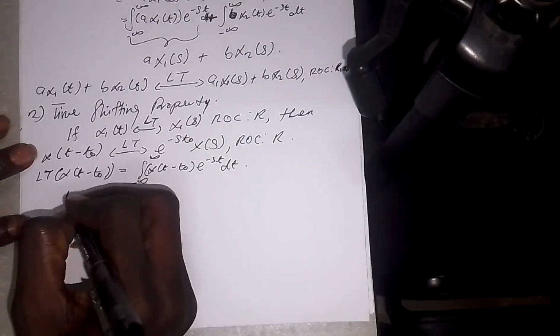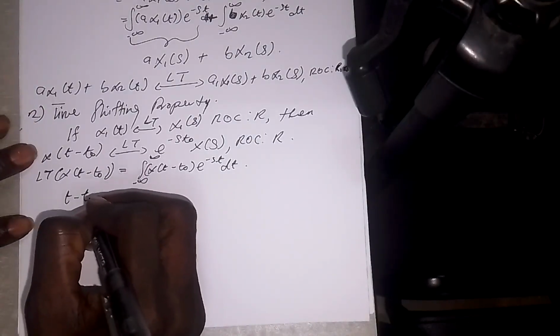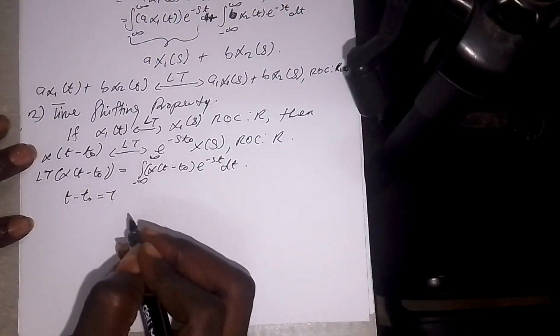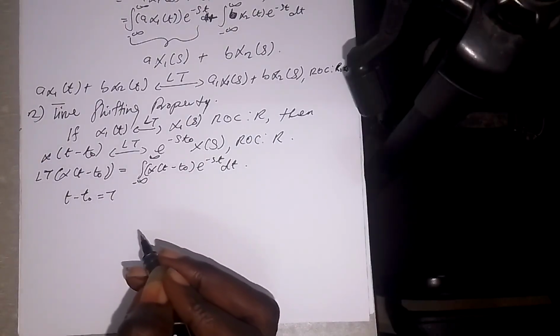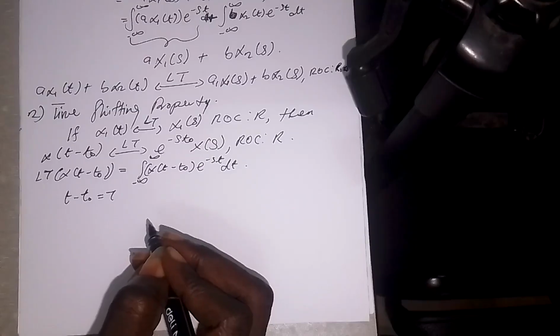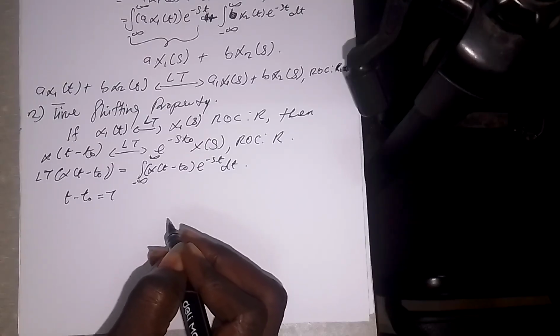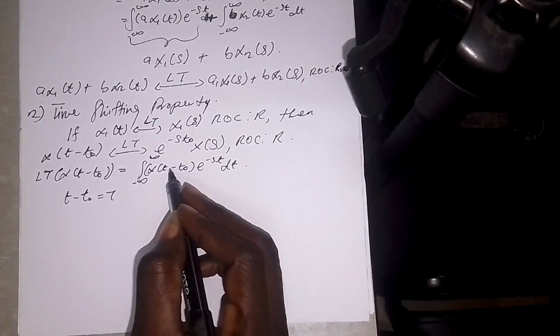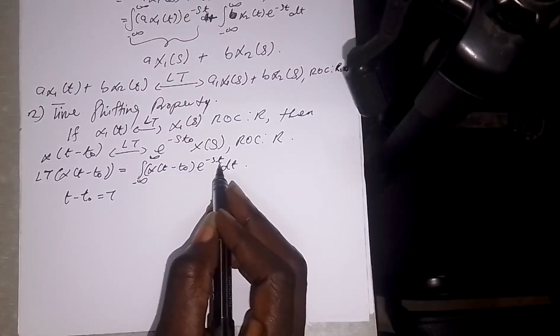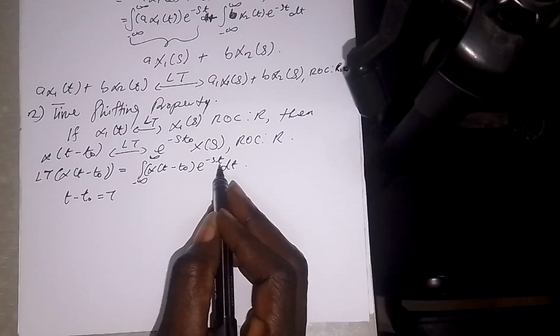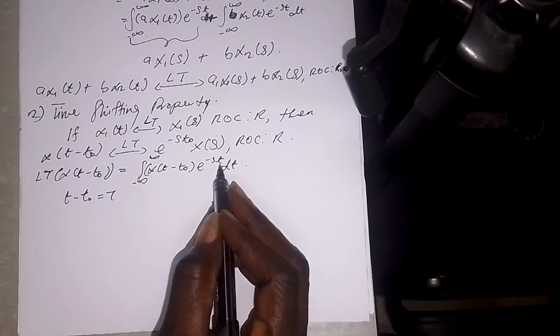So what we can say is that t minus t naught is equal to tau. So now, if t minus t naught is equal to tau, then here I can put tau, and what will I have here? Here I can have t equal to t naught plus tau.